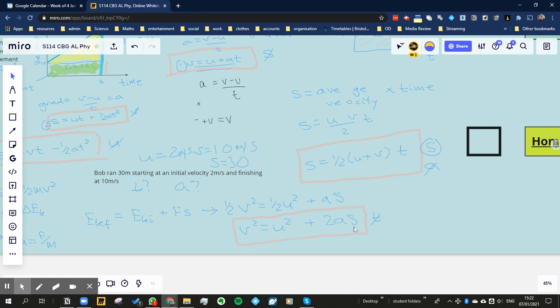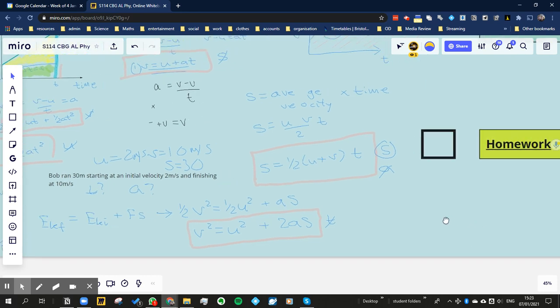Again, I'd have to rearrange it, but this one doesn't have time in it, so that's how I know to use that one. So the whole reason for having 5 different SUVAT equations is because there's 5 different variables, and we decide which one to use based on which quantity we don't need to know anything about.